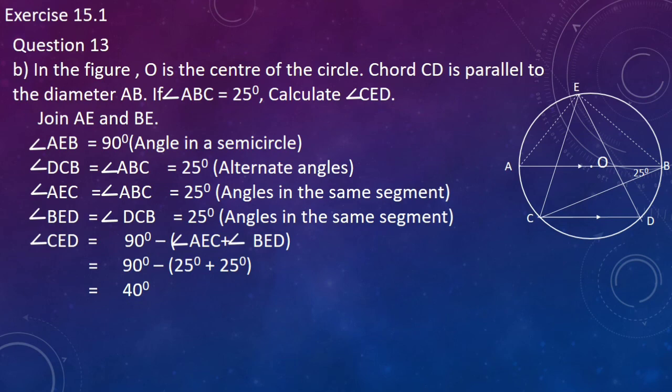Now, we can obtain angle CED by subtracting angle AEC and angle BED from angle AEB. That is, angle CED is equal to 90 degree minus (25 degree plus 25 degree), which is equal to 40 degree. Therefore, angle CED is equal to 40 degree.